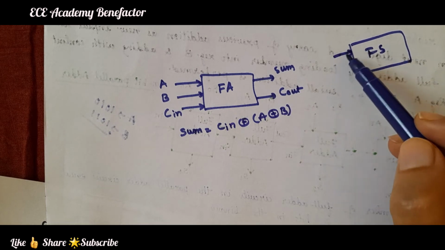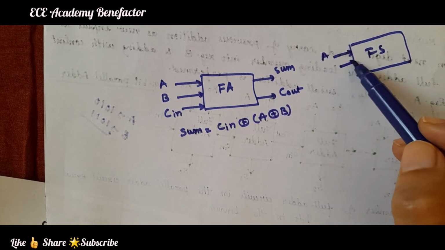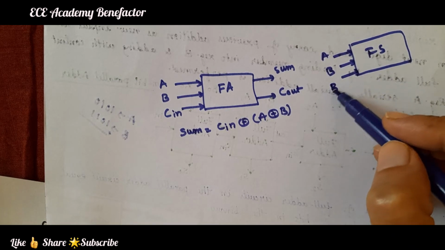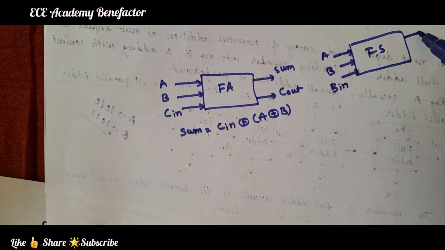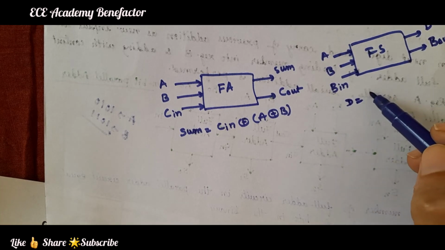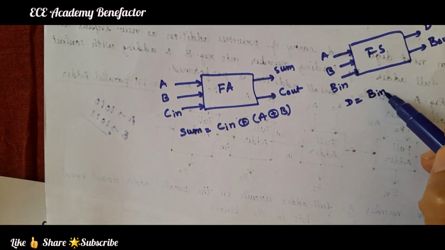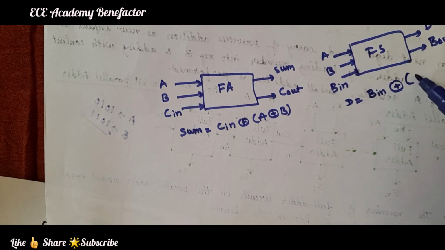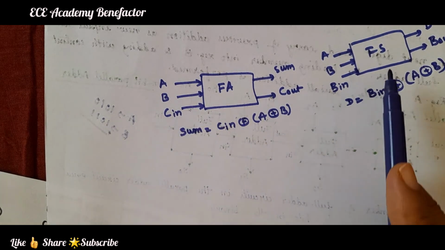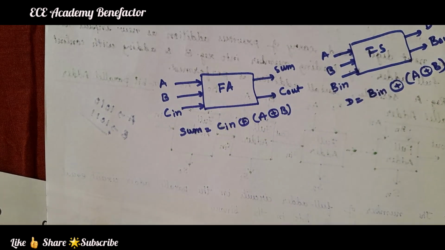Coming to the full subtractor, the inputs are A, B and borrow in. Outputs are difference and B out. So, here the difference equation is B in XOR of A XOR B. Full adder carry in, full subtractor borrow in.